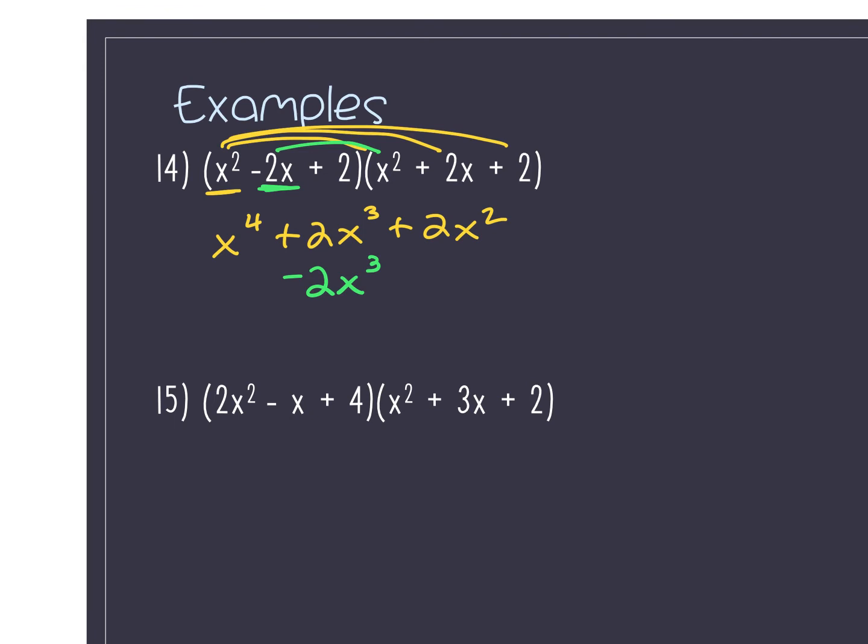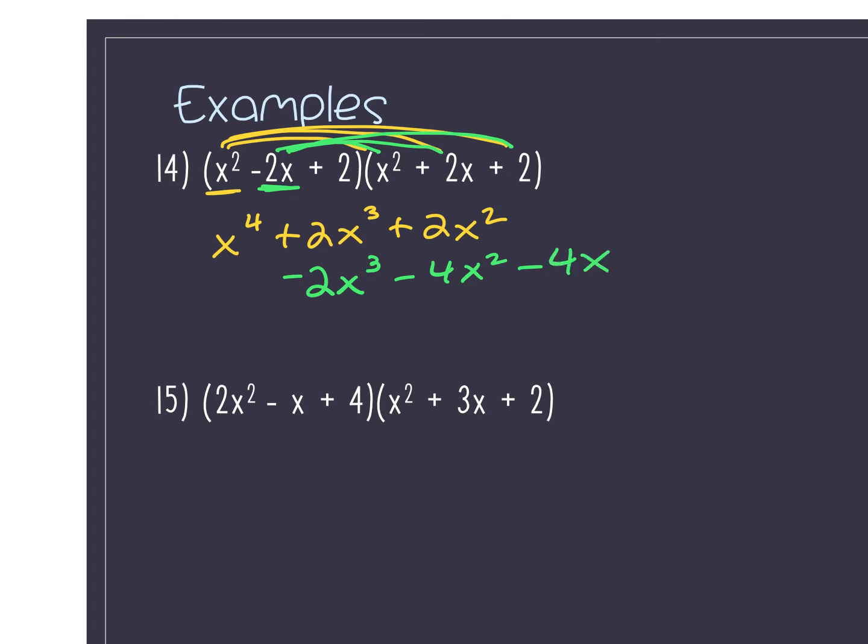This is going to make, when I go to add my like terms, a little bit easier. Everything's going to be lined up nice and pretty. Then if I go ahead and distribute the negative 2x to the positive 2x, this is going to give me negative 4x squared. And then negative 2x to the positive 2, negative 4x.